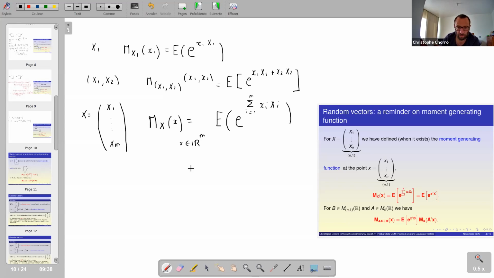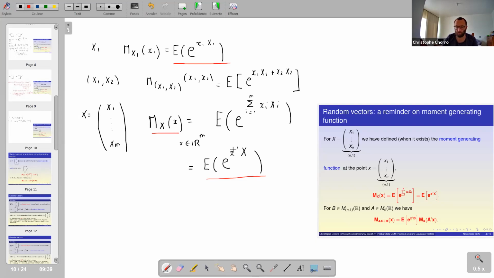If I want to use compact notation, it is just the expectation of exponential of x prime capital X. So in the case of 1 I have this expression, and in the case of n I have the same expression. The only thing to be careful with is that since I use a column convention for random vectors, instead of x I need the transpose of x.